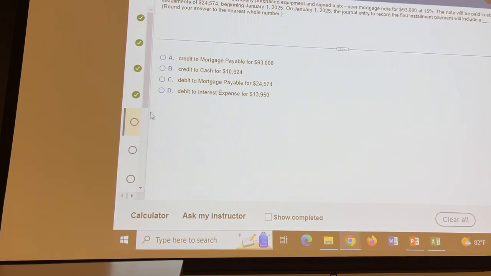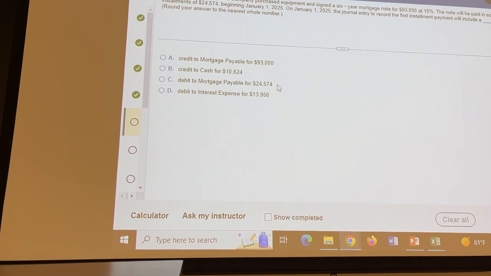So, they're going to credit cash, but it won't be for $10,000. It's going to be credit cash for $24,000. And it's not going to be the debit mortgage payable for $24,000 because only part of it is going to be mortgage payable.